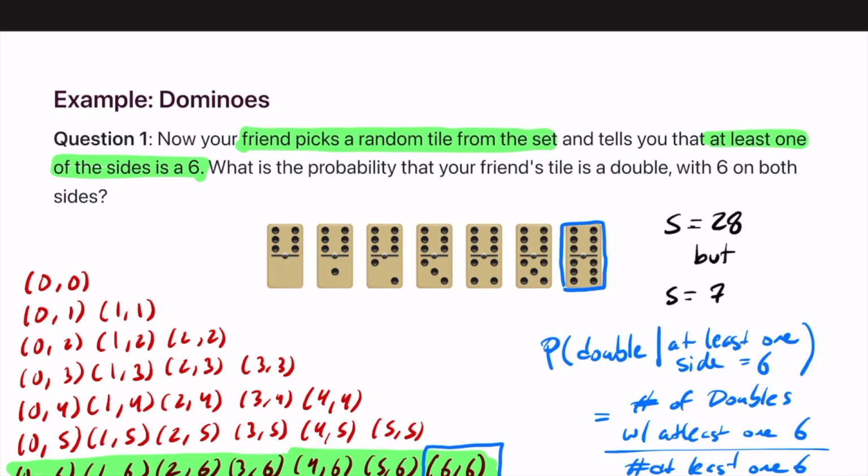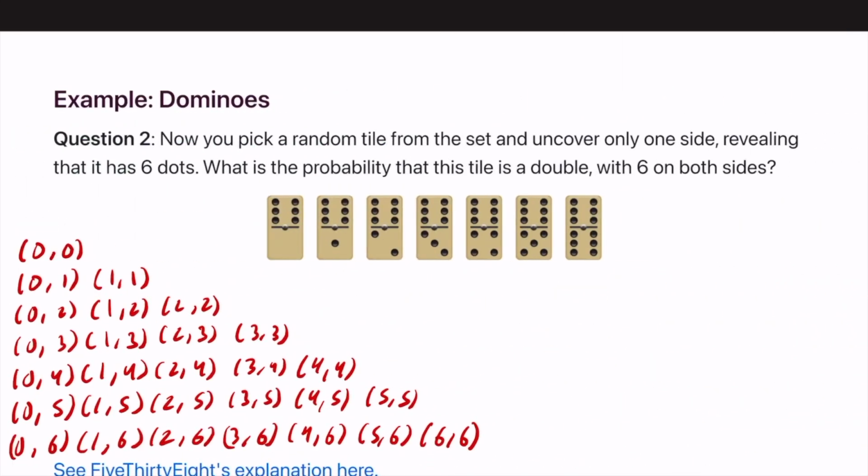So that's going to give us 1/7 as the answer, because our probability space has turned into just these 7, and we only care about the outcome where there's a double 6. So easy question at the end, but important to know this idea right here, which we get from this part.